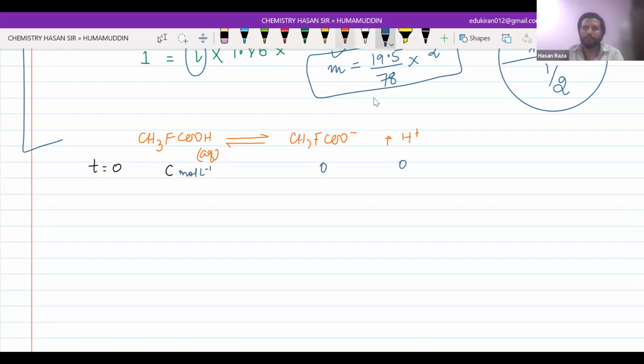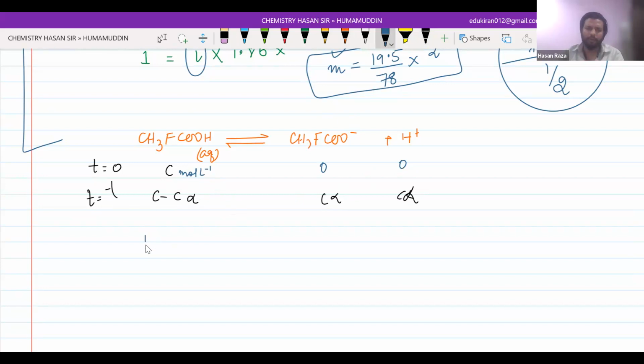Now, after some time t equals to t, it will be dissociated. So it will be C minus C alpha, and here it forms C alpha and C alpha. Now, what you need to do is very simple.